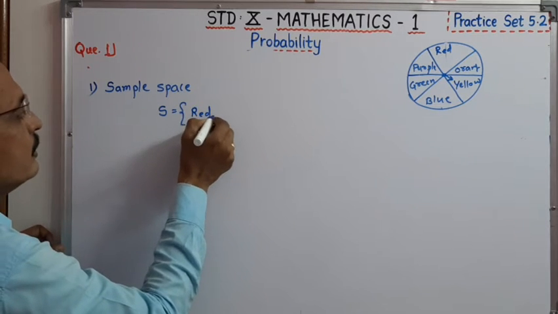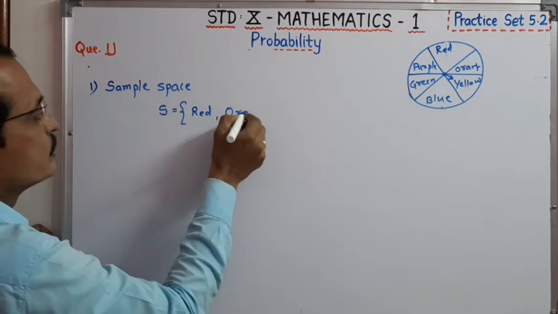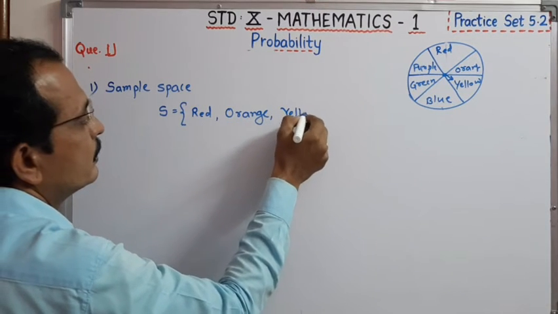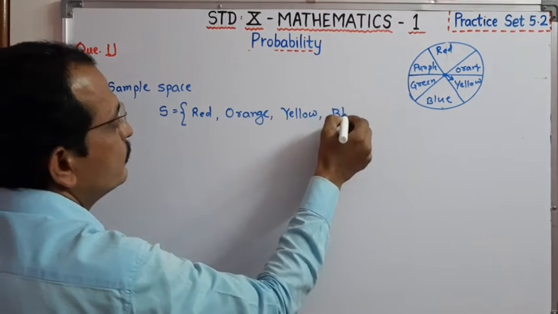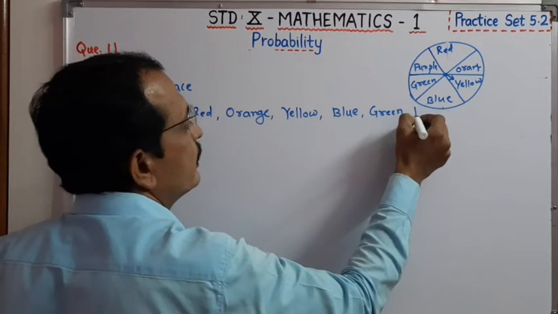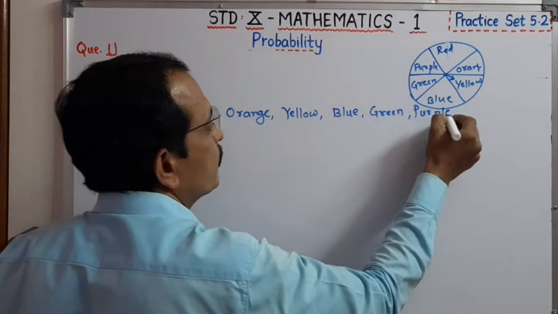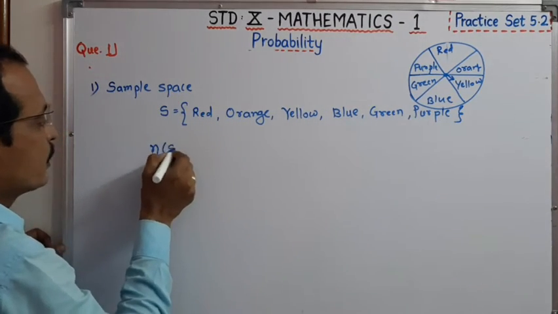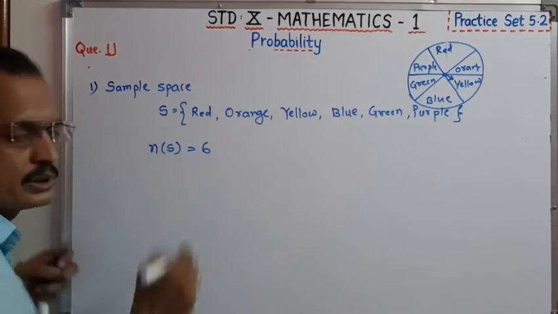Here it is red, then orange, then yellow, then blue, green, and here it is purple. Like this, all these 6 colors are there. Therefore, n(S) is equal to 6.